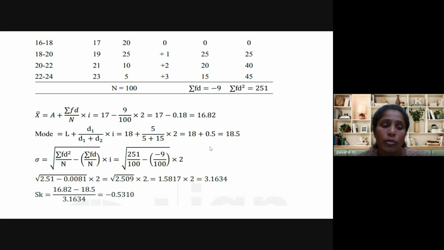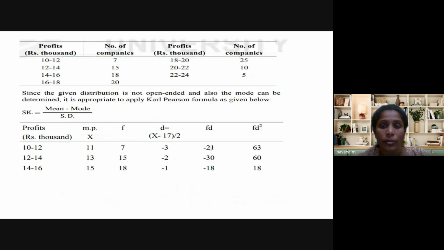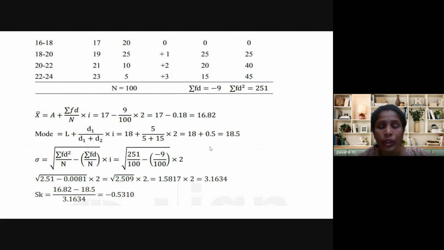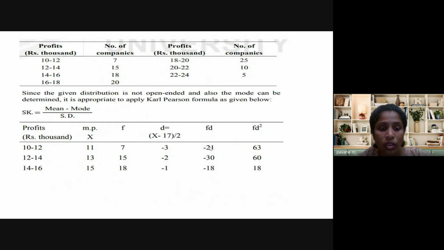For calculating mode, the formula is L plus d1 by d1 plus d2 into I. For L, again you have to know the class intervals, in which class interval this particular f is high. So concentrate on the f values: 7, 15, 18, 20, 25, 10 and 5.